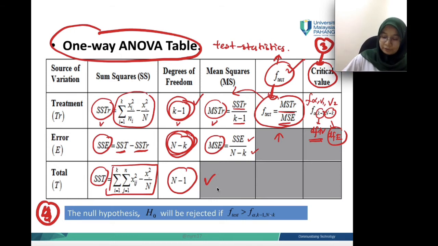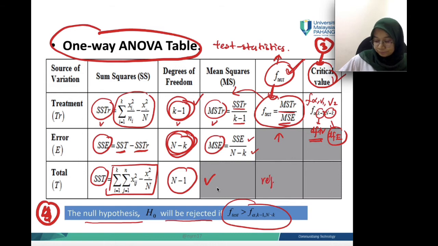Okay, you have your F test, you have your critical value. You want to reject or accept H null. Here, the null hypothesis H null will be rejected if F test is greater than F critical value. Reject H null if F test is greater than F critical value.